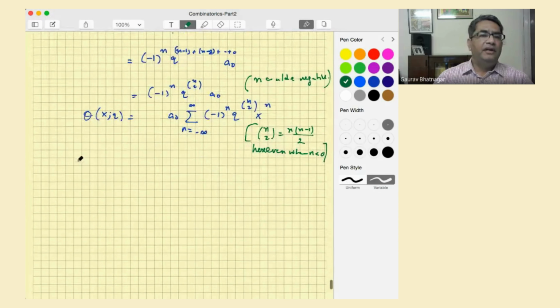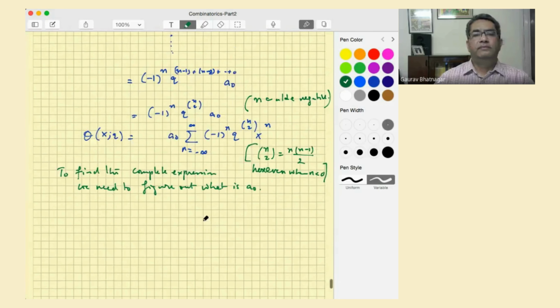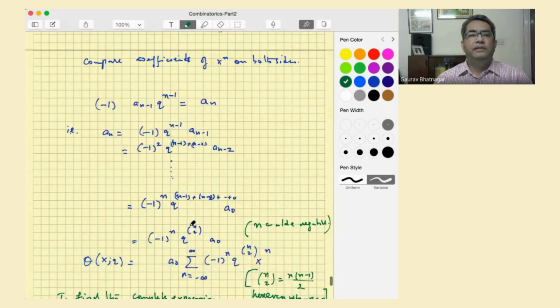So we've reached here, and to find the complete expression, we need to figure out what is a0. So we just need to find the constant term, and then we'll know the Laurent series expansion.